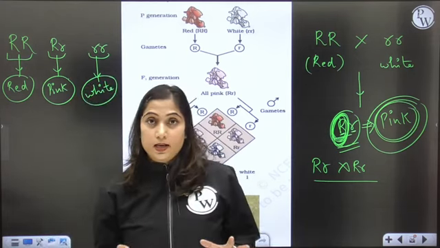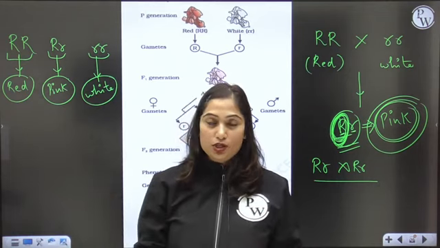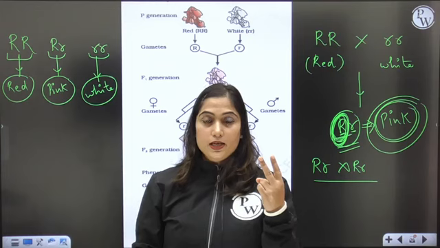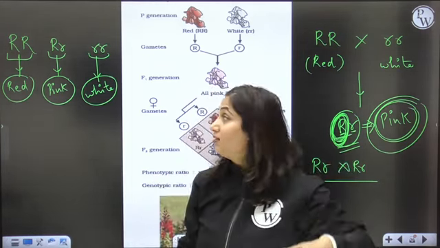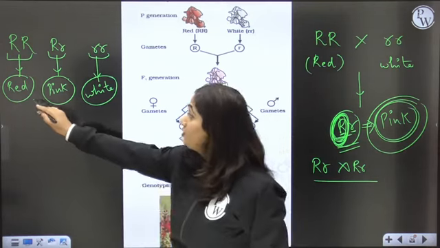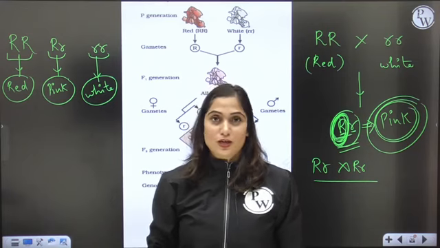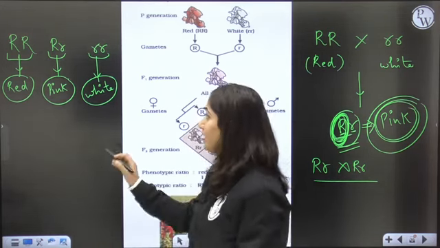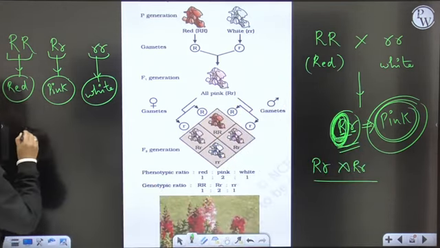Understand. In the Mendelian monohybrid cross in the F2 generation, we used to have 2 phenotypes and 3 genotypes. But here we have 3 phenotypes as well as 3 genotypes. And the phenotypic ratio is also 1:2:1.